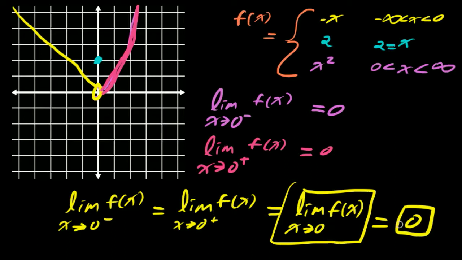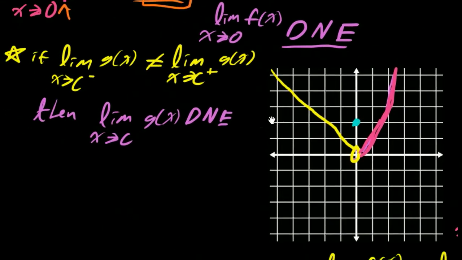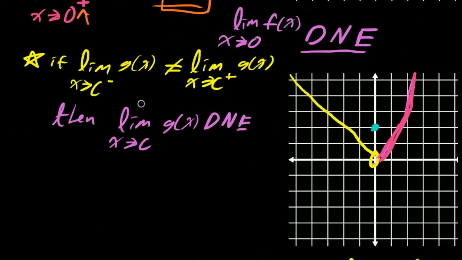And they're all going to be equal to the same thing. But if the limit of one side does not equal the limit of the other side, then the double-sided limit, the limit as x approaches whatever that constant is from either side, does not exist.